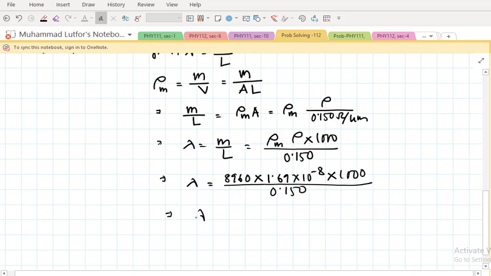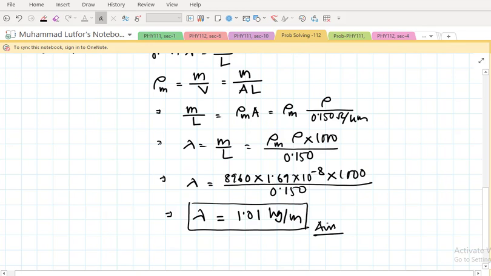If you solve, then you will find that the mass per unit length of this copper wire would be 1.01 kg per meter. So this is the answer for that copper wire.